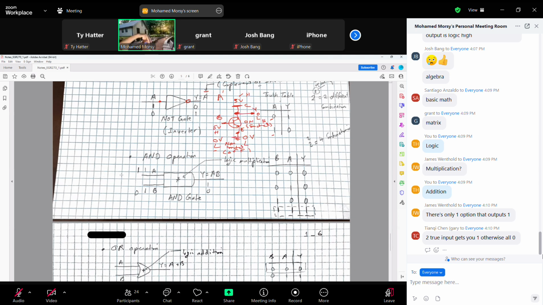Where both of them are ones, the output will be 1. Other than this, the output will be 0, whether A is 1 and B is 0, or A is 0 and B is 1. The output is 1 only if the two inputs are simultaneously ones.